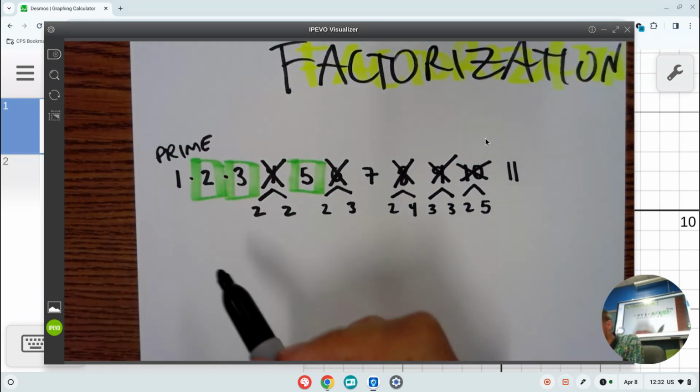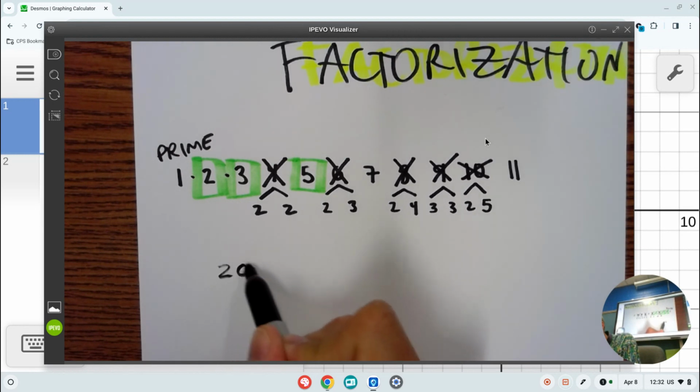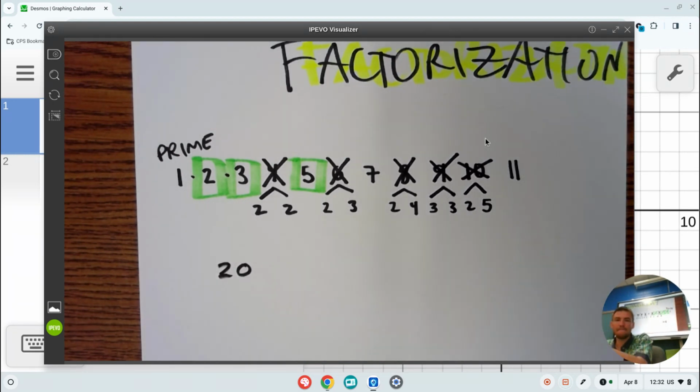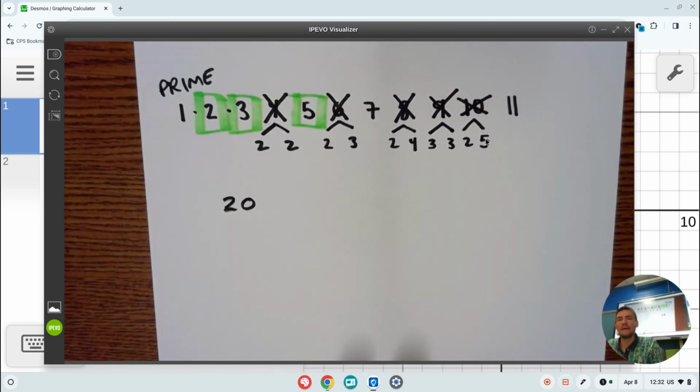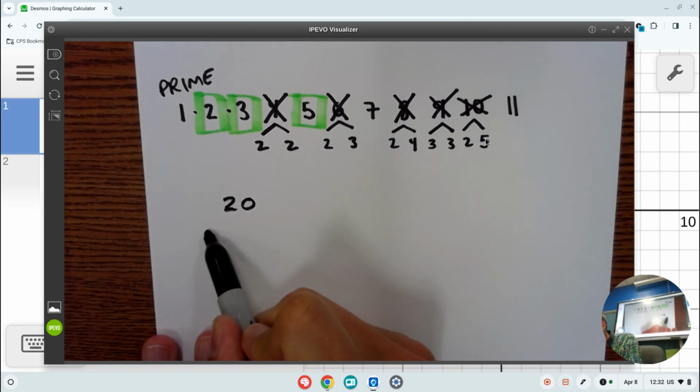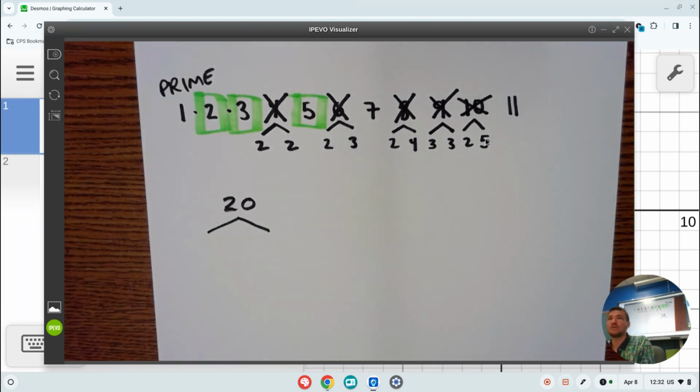So, if I give you the number 20, okay? Is the number 20 prime? No, because the number 20 can be broken up into two numbers. What two numbers can multiply together to make 20? And here's a way you can do this. You can try to think in your own head. If you're really good at multiplication, maybe you can think of a couple different ways to make 20.